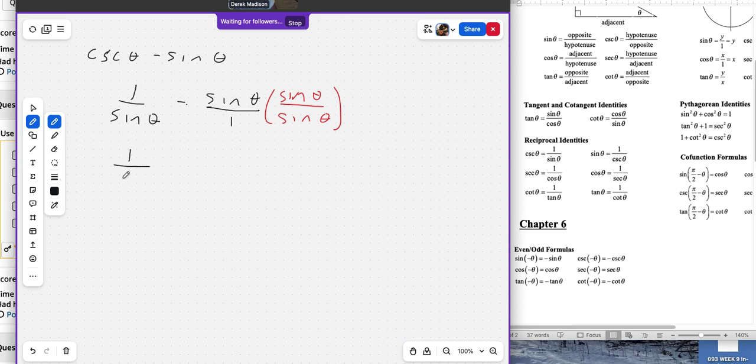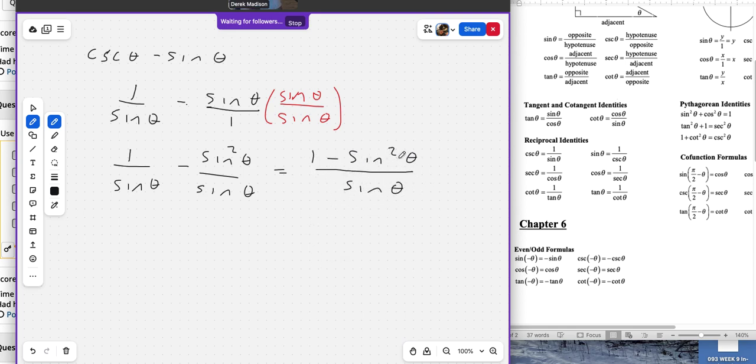So that will give us 1 over sine theta minus sine squared theta over sine theta, because we're doing sine theta times sine theta over sine theta. Now those are over a common denominator, so I can rewrite this as 1 minus sine squared theta over sine theta.